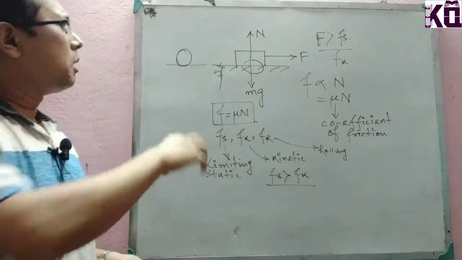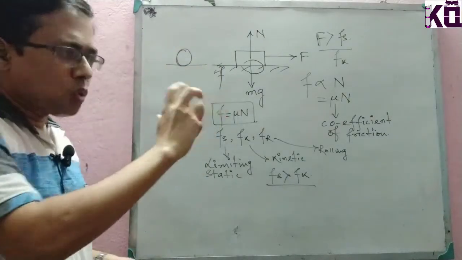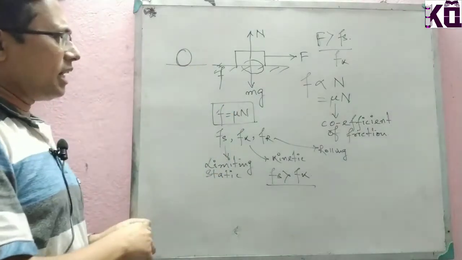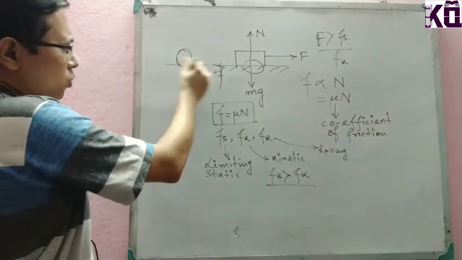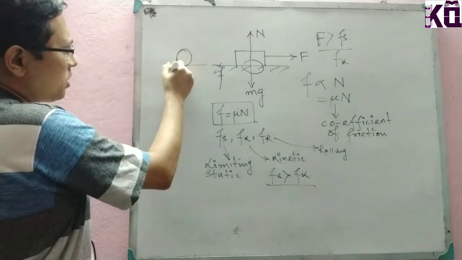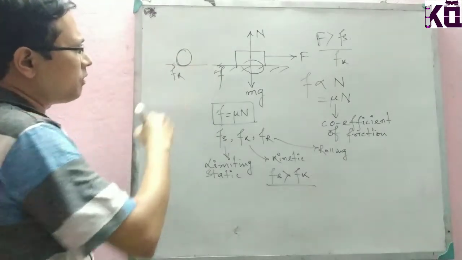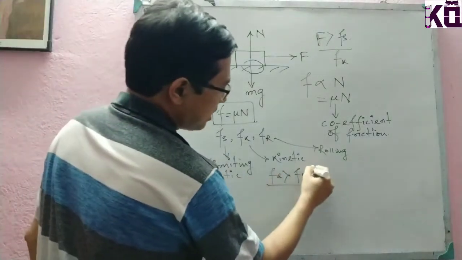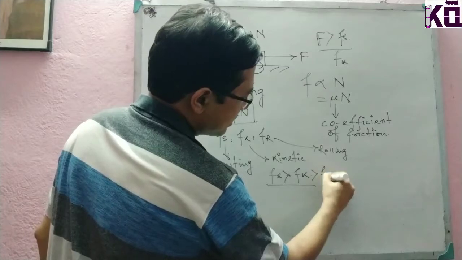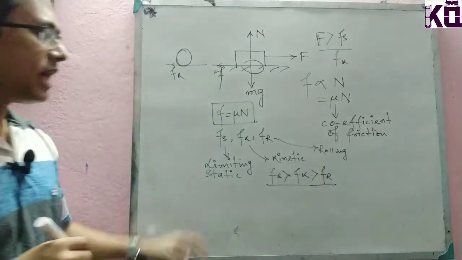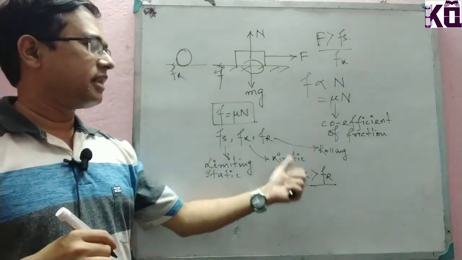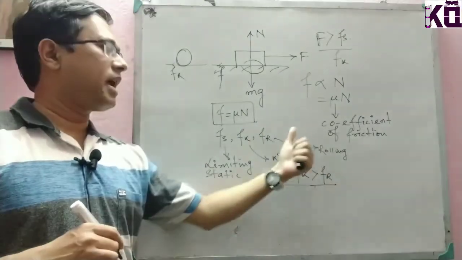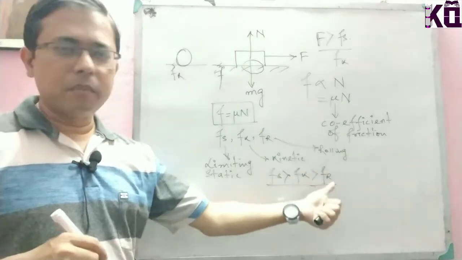But why circular? Because of rolling, and in the case of rolling, the rolling friction Fr is the least one. So there is a variation like this: Fs is greater than Fk, and Fk is also greater than Fr. So Fs is the maximum and Fr is the minimum.